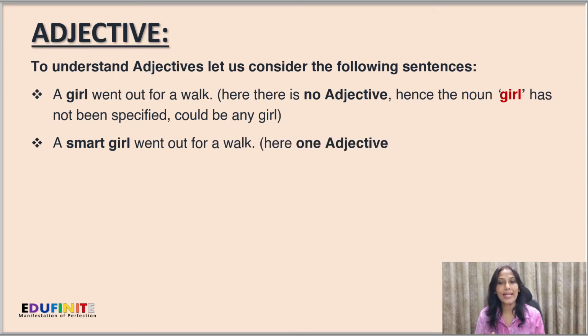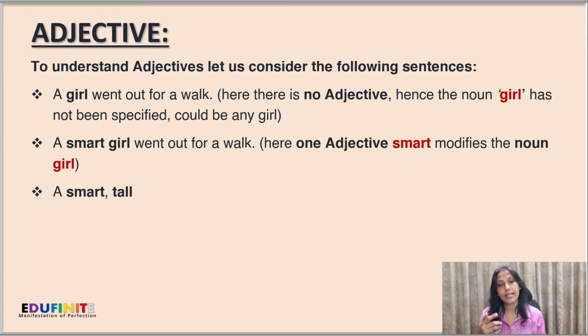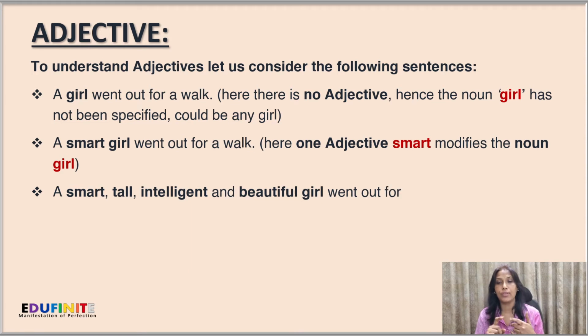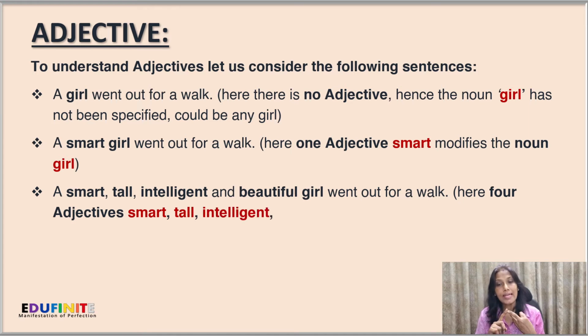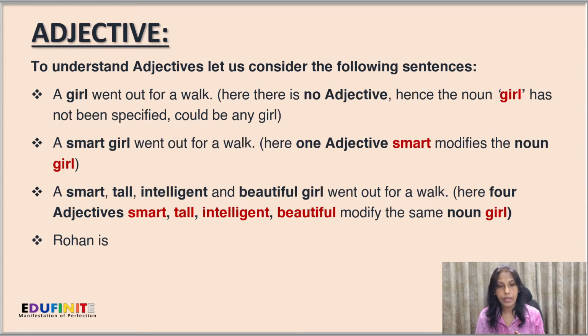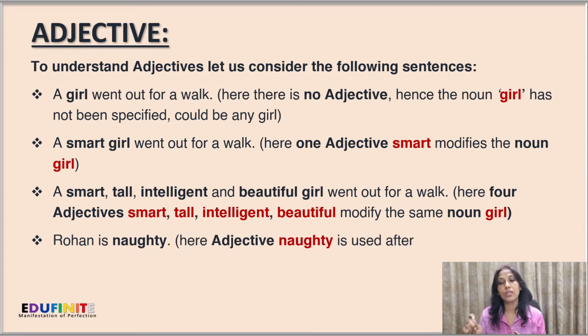Here, one adjective smart modifies the noun girl. Now, the next sentence, a smart, tall, intelligent, and beautiful girl went out for a walk. Here, four adjectives, smart, tall, intelligent, beautiful, modify the same noun girl. Now, the next sentence, Rohan is naughty. Here, adjective naughty is used after the stative verb is.